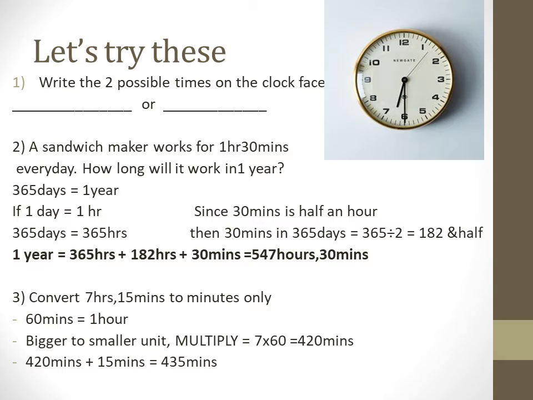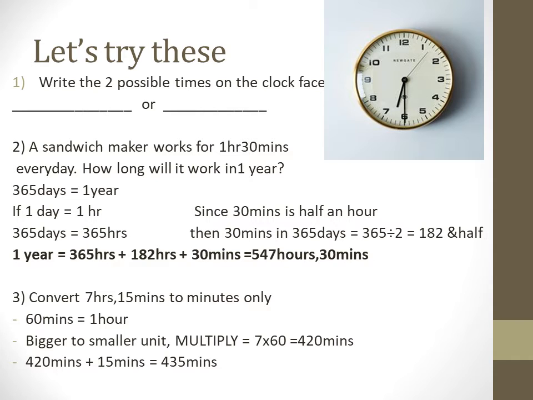Now let's get down to finding out how long the sandwich maker is going to work. Now here's what you do. 1 hour 30 minutes. Let's take the 1 hour first. 1 hour in 1 day. In 365 days, how many hours is that going to be? 365 hours.